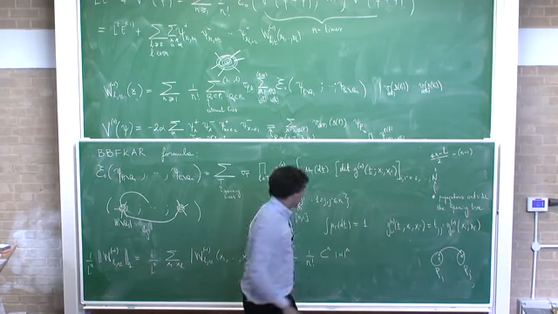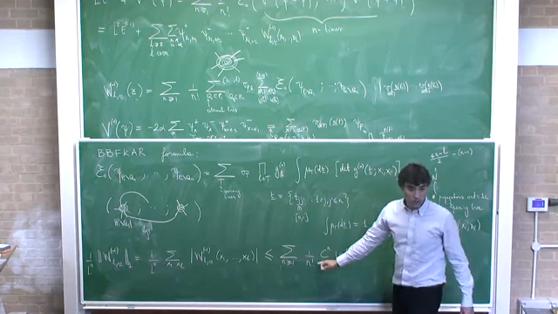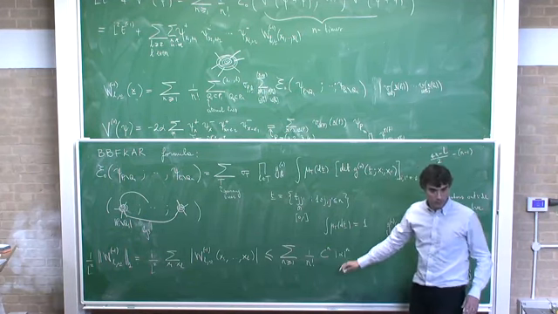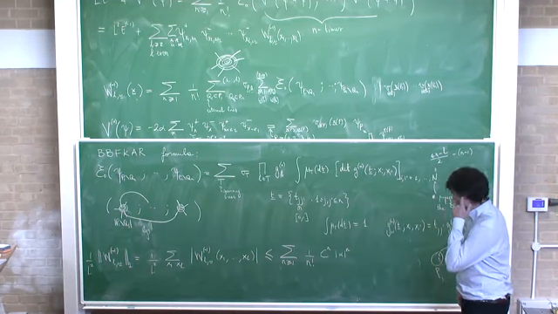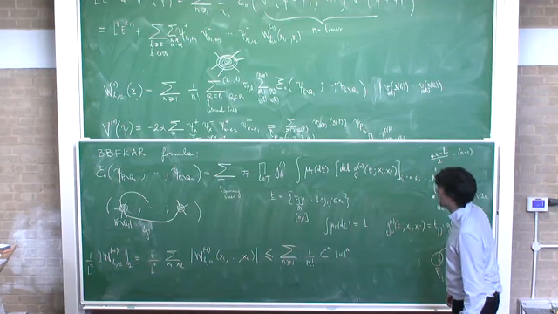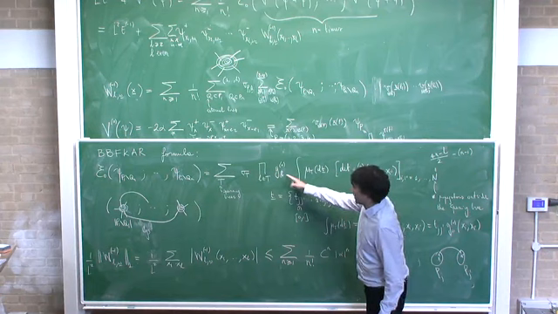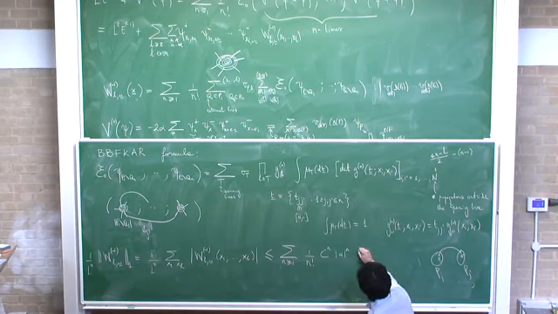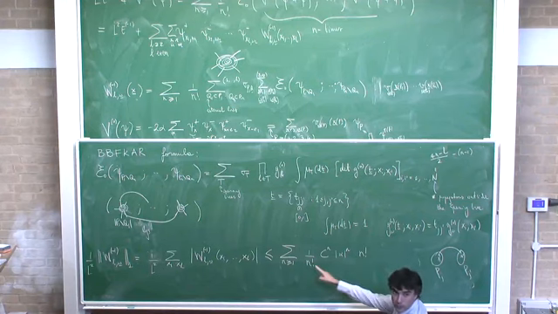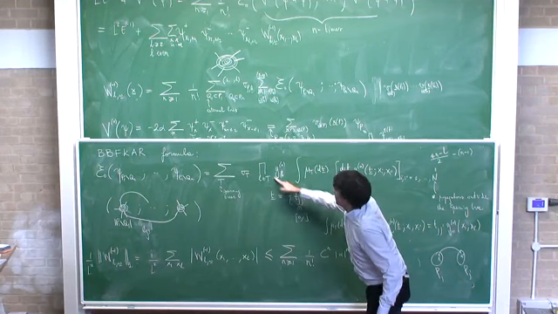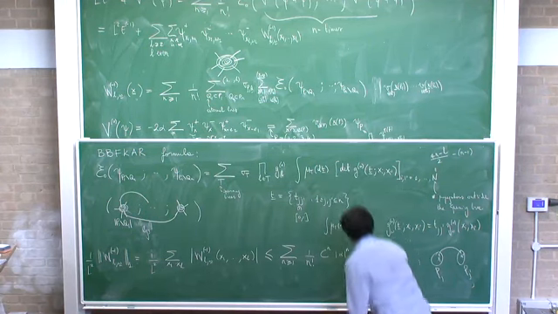I mean, you don't lose more than a constant to the number of vertices, 4, 16, whatever. If you think about it, you should get it. And then you get the sum over spanning trees. This is, up to a constant to the n, an n factorial that compensates this n factorial. Then you get the L1 norm of the propagators along the spanning tree.